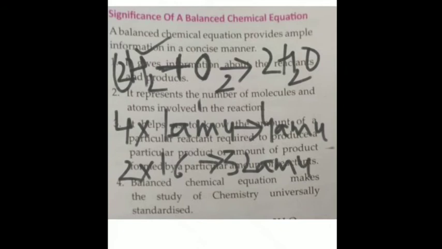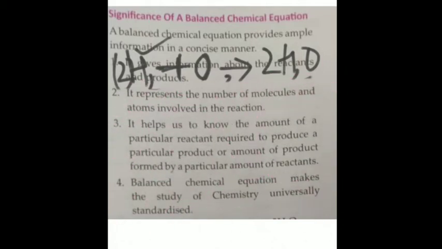So 4 AMU of hydrogen react with 32 AMU of oxygen to produce 36 AMU of water. How have you calculated 36 AMU? That is 4 AMU of hydrogen atom.